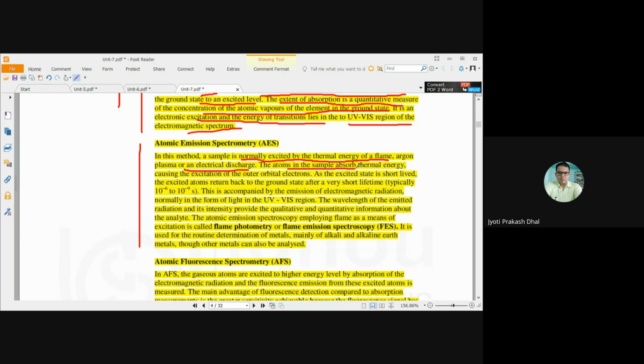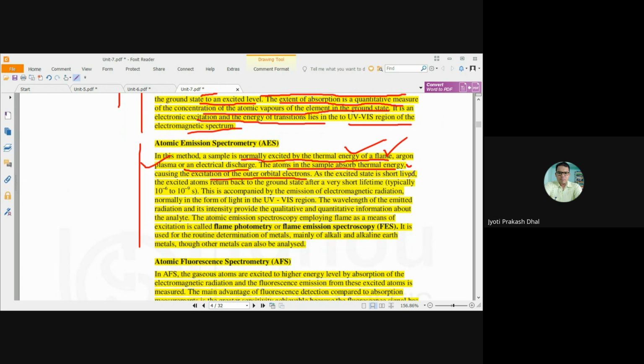So the atoms in the vapor state will be excited by thermal energy, either a flame, argon plasma, or electric discharge. The atoms in the sample absorb thermal energy, causing excitation of the outer orbital electrons.